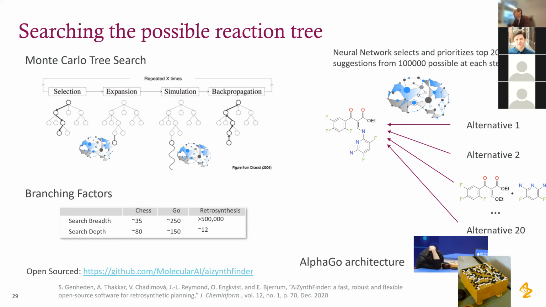But we don't want to take so many steps because then we get very long routes and they're not very practical in the solution. So what we did was actually inspired by this AlphaGo architecture that was becoming a Go master, so to speak. Maybe 10 years before any people thought that this very complex Japanese game could be solved by AI.